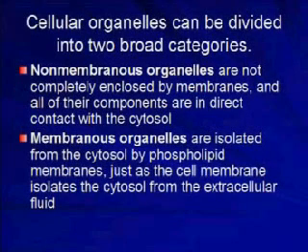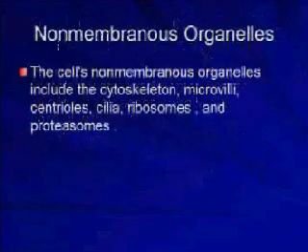First category is non-membranous organelles that are not completely enclosed in membranes and all of their components are in direct contact with the cytosol. The second type of cellular organelles are membranous organelles. They are isolated in the cytosol by phospholipid membranes, just as cell membranes isolate the cytosol from the extracellular fluid.